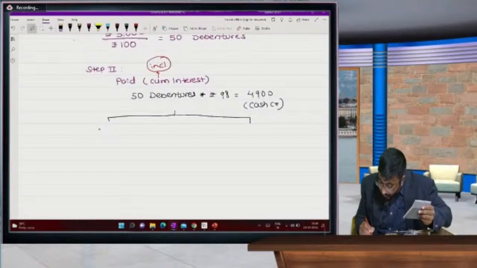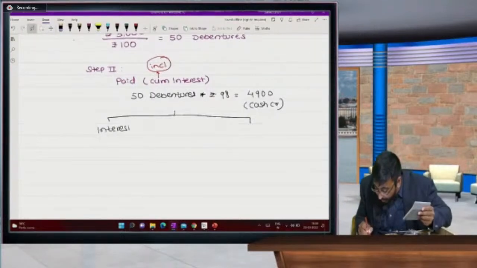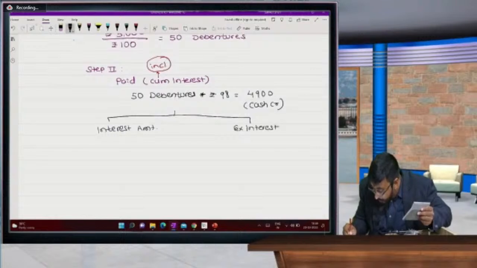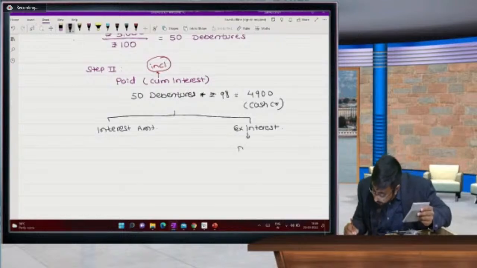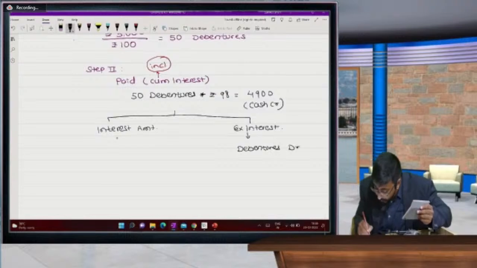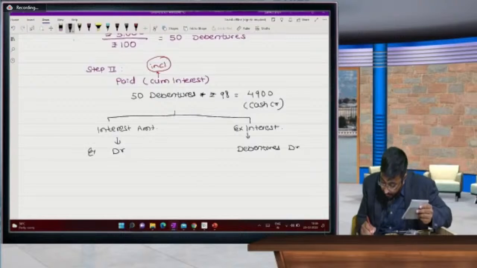Out of this, what is the interest amount? And what is ex interest? Ex interest means debenture debit. And interest amount is also expenses debit.